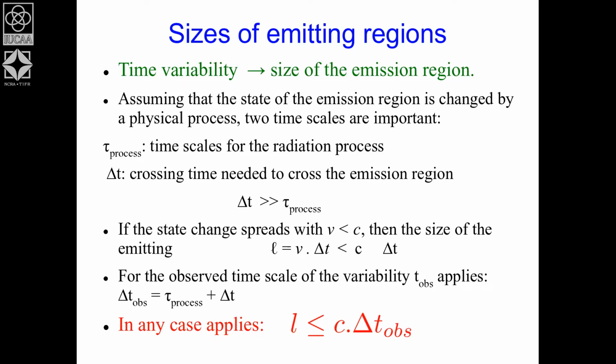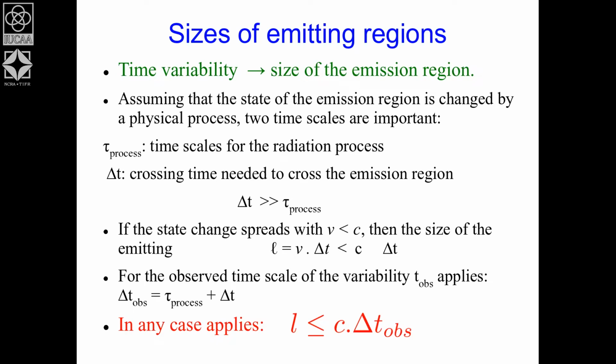But there is a handle: one can use the variability time scale and put a limit on the size of these sources. So first of all, assume that the state of the emission region is changed by a physical process, because if the luminosity is increasing, that means there is a state change or a change in the physical process.